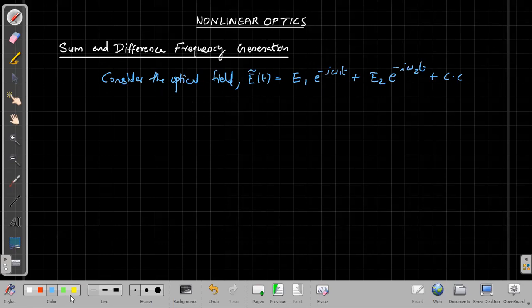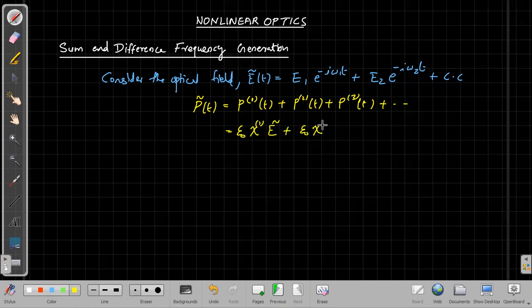Then what is our total polarization? The total polarization we can write as P of t. It will have the first order polarization plus second order plus third order and so on. The first order is epsilon 0 chi 1 E tilde.